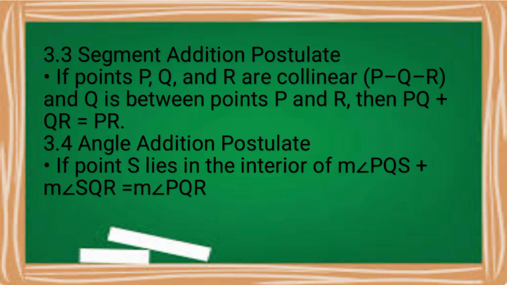The sum of PQ and QR is equal to PR. Angle addition postulate: if point S lies in the interior of angle PQR, the measure of angle PQS plus the measure of angle SQR is equal to the measure of angle PQR.